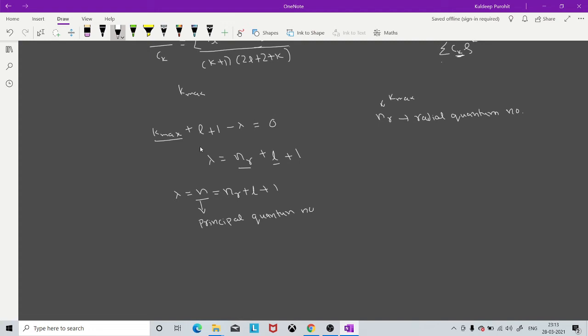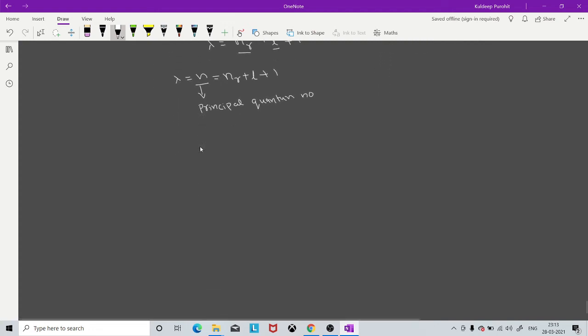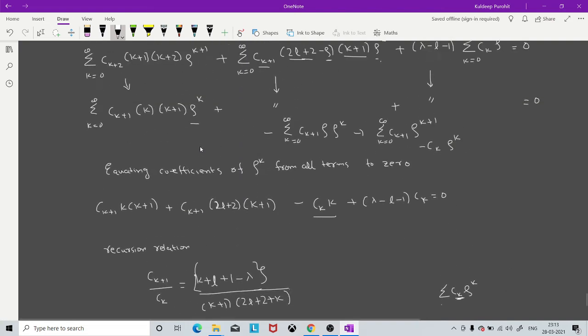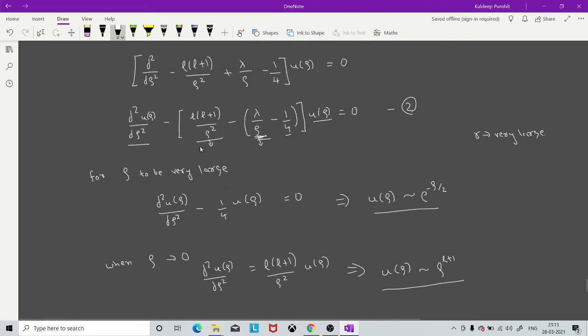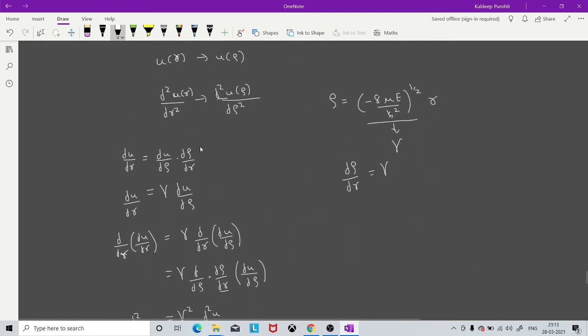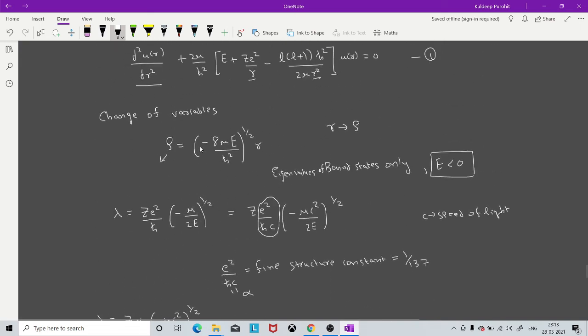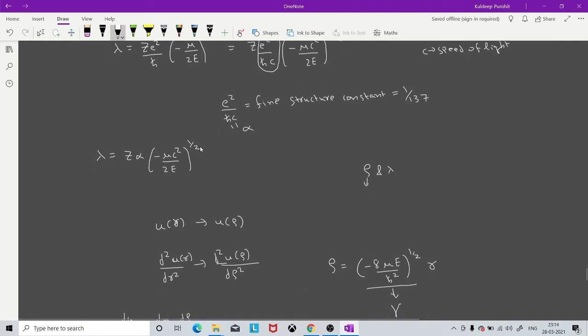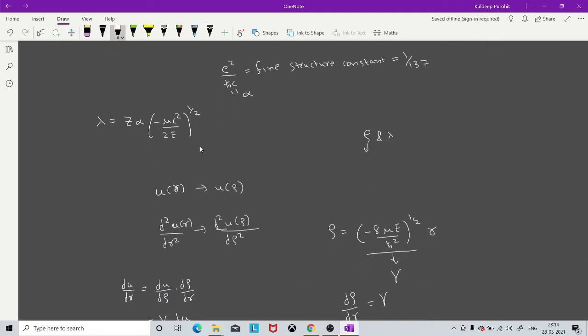So now we have obtained the value of lambda, which is equal to n. Now I have already defined the value of lambda. Lambda was a rescaled parameter. So now let us go to our original things. So this is your value of lambda. Lambda is defined as z alpha into (minus mu c square by 2E) raised to 1 by 2.